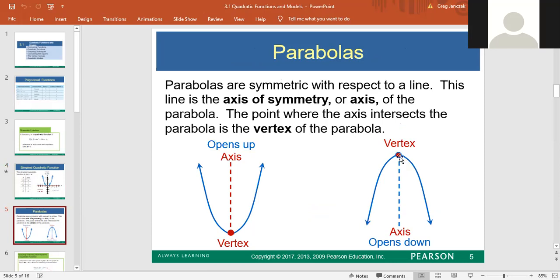Now the axis of symmetry acts like a mirror. However far the distance is from this axis of symmetry out to one side is the same distance out to the other side. Where y values are the same, the x's are going to be the same number of squares out from the axis of symmetry.